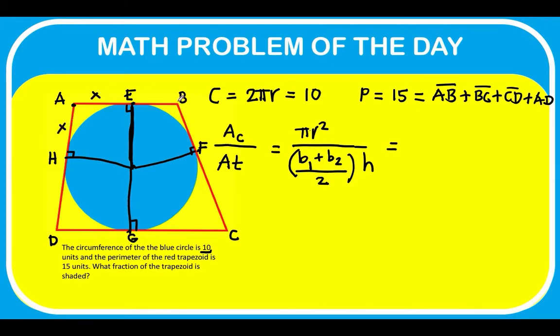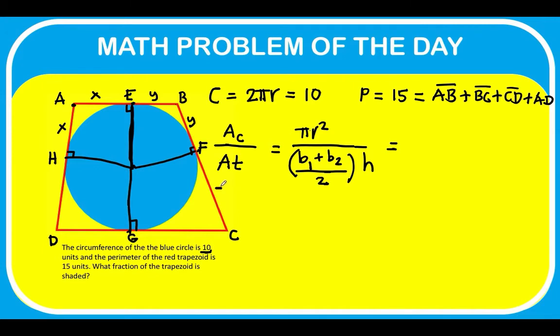The same reasoning is used for point B. Segment BA is tangent to the circle at this point E, and segment BC is also tangent to the circle at point F. So if we call the length of segment EB y, this is also y here, and the same reasoning for the rest.